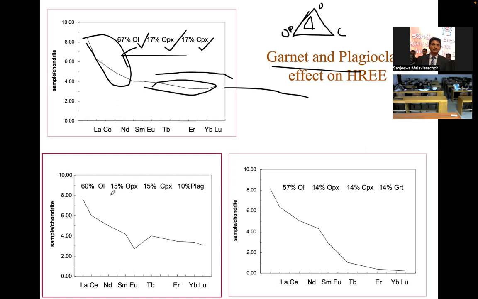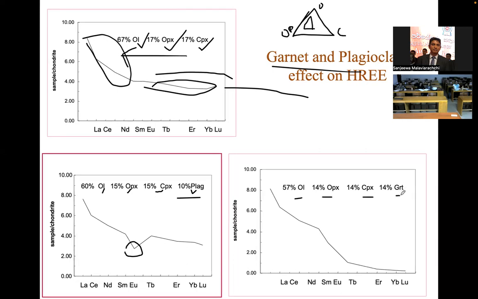And for another rock, you have olivine, OPX, CPX and plagioclase. Since plagioclase is there, you see the typical europium anomaly. And in another rock you have olivine, OPX, CPX and garnet.